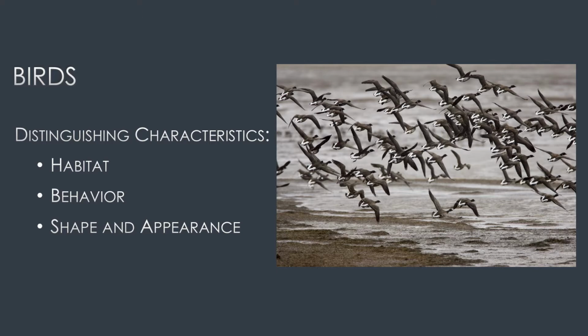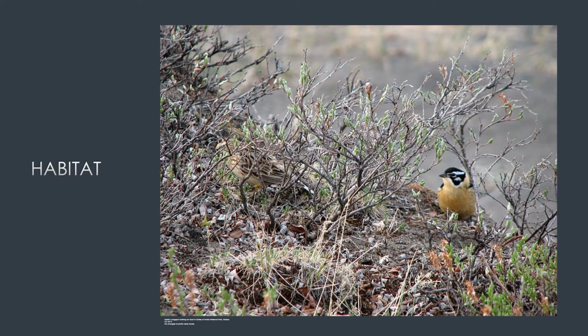First, we will describe how to ID a bird you see. Basic characteristics about the habitat the bird is occupying, the behavior of the bird, and the shape and appearance of the bird can be used to distinguish which of the 6 groups a bird fits into. First, take note of the habitat where the bird or birds are.